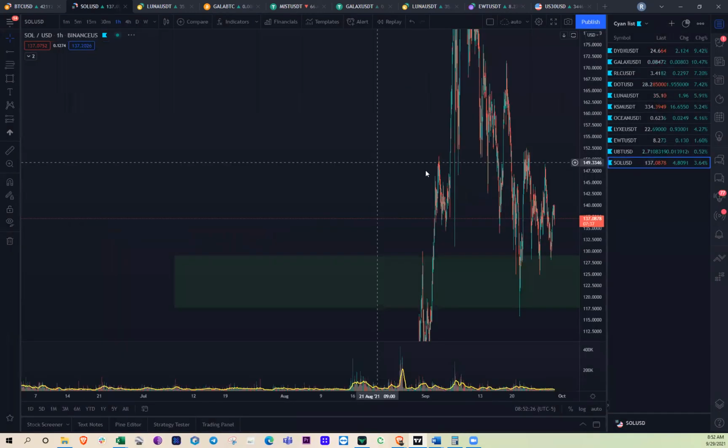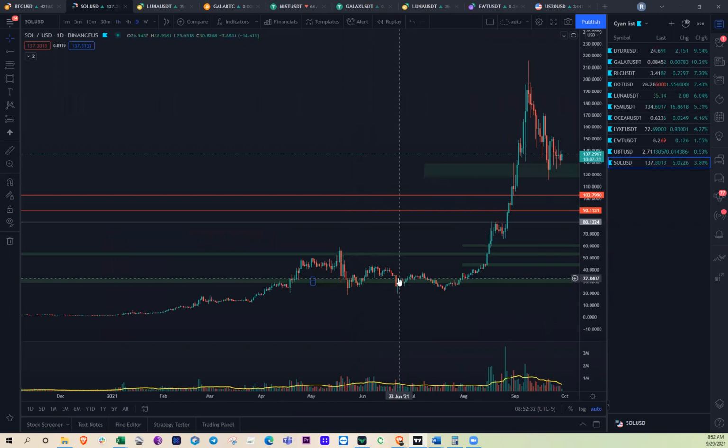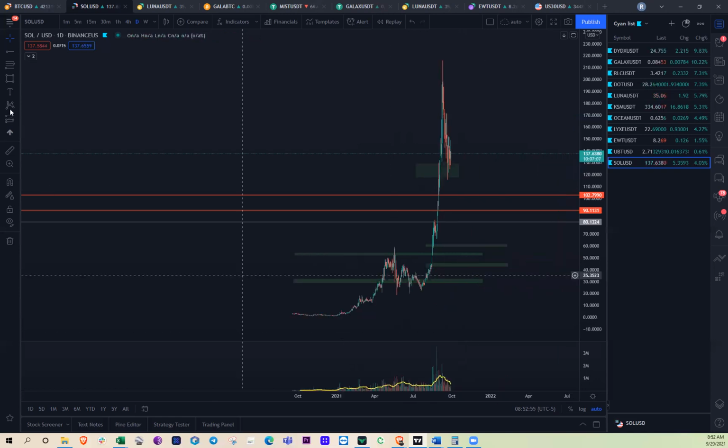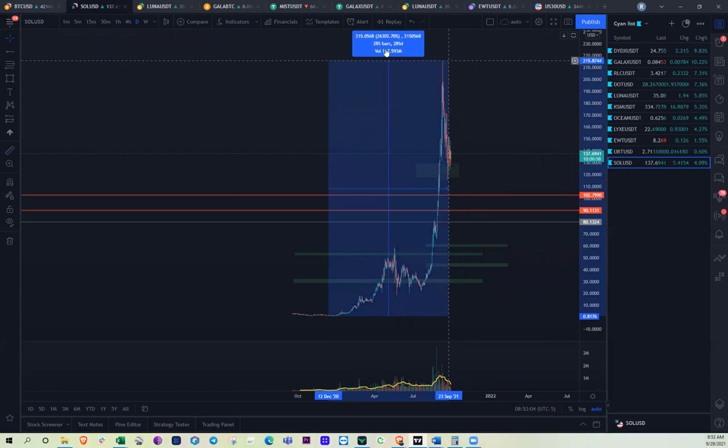Just to quickly show y'all what Solana actually did, this is basically where Polkadot is now, at that $29 to $30 range. And then we had this huge upside. Solana is a little crazier because January of this year it was at $1. So in 9-10 months, it went 100x pretty much. It's ridiculous. 26,000% since December.